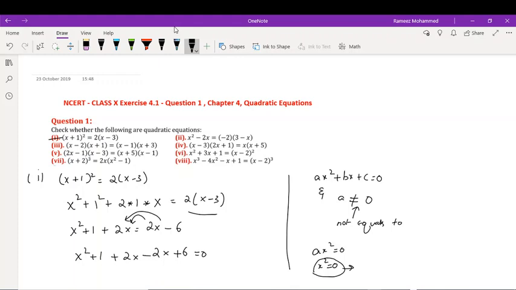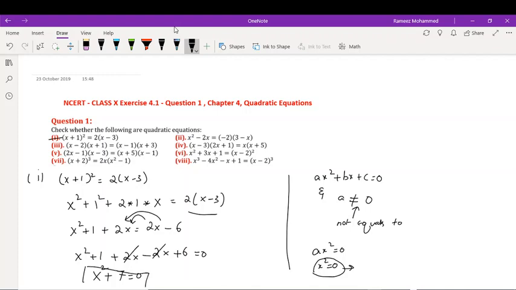So the 2x has been changed to minus 2x, and minus 6 has been changed to plus 6. If you look at this statement clearly, the plus 2x and minus 2x get cancelled. So I can rewrite the above equation as x square plus 1 plus 6, which is 7, equal to 0.